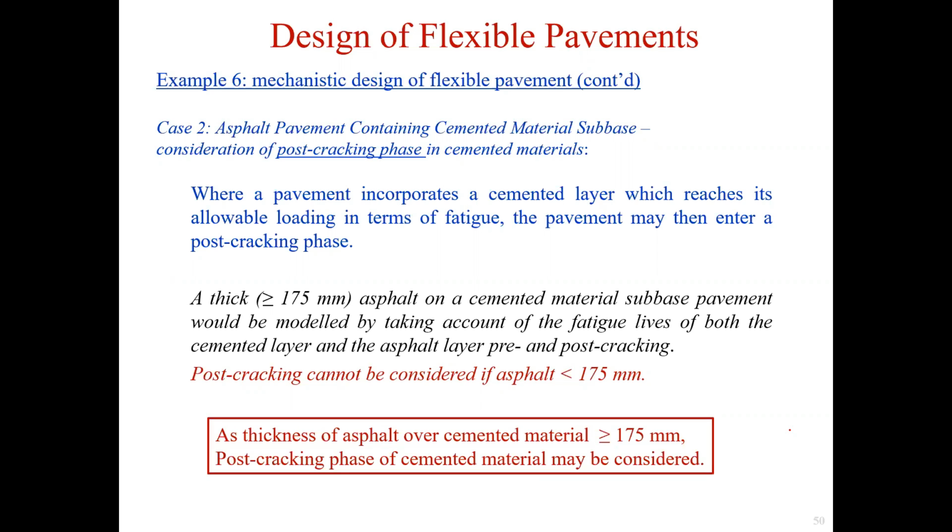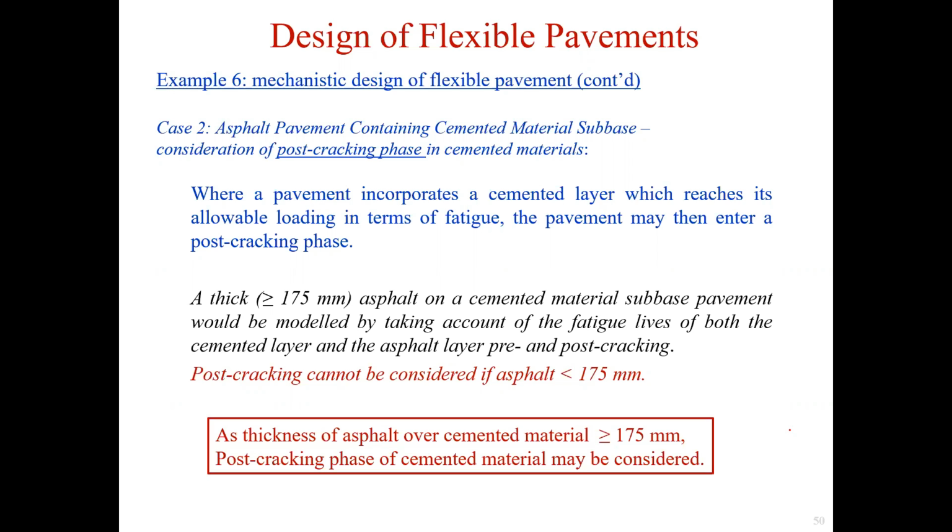So this might be a situation where you have 200 millimeter asphalt overlying a cemented treated material, and that's used as a subbase. If that cement material cracks, there's still some useful life left in that pavement as far as the road user is concerned. It still performs okay. That cracking wouldn't come through to the surface, and there's some useful life left after that.